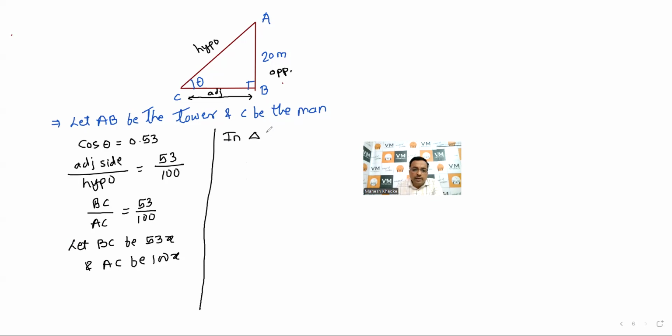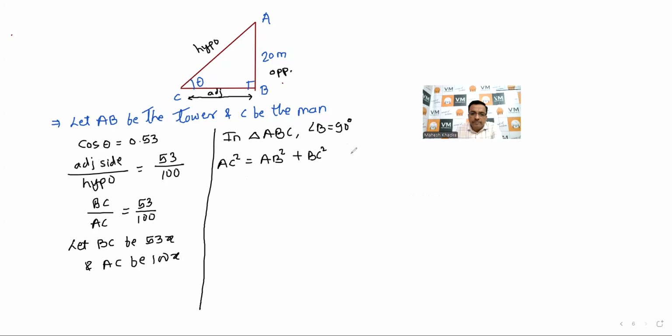So in triangle ABC, angle B is equal to 90 degree. So that is AC square is equal to AB square plus BC square. So just write by Pythagoras theorem.